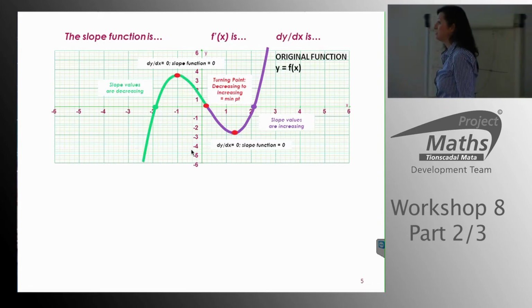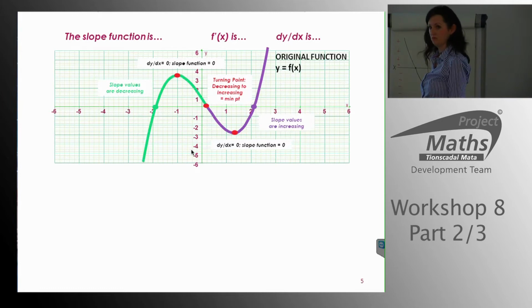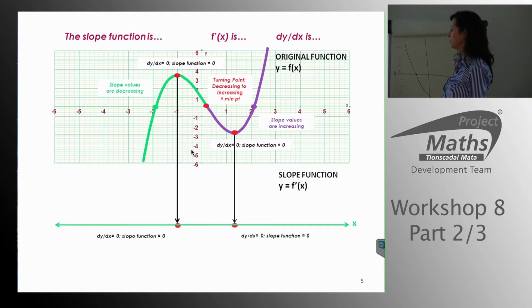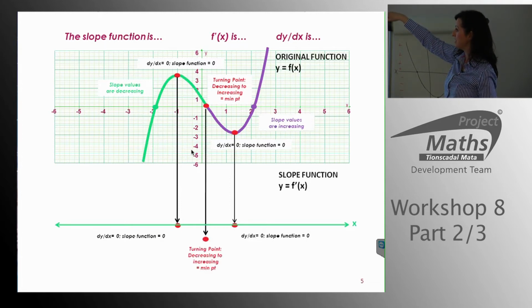So when I come to sketch my derivative, let's say a freehand sketch, here's my slope function. The first thing that I know is that my two turning points are going to be the roots of my slope function. Isn't that right? So that's a good place to start. I know that the shape is going to be U-shaped, and I know that my minimum is going to be in the same place as that point of inflection.